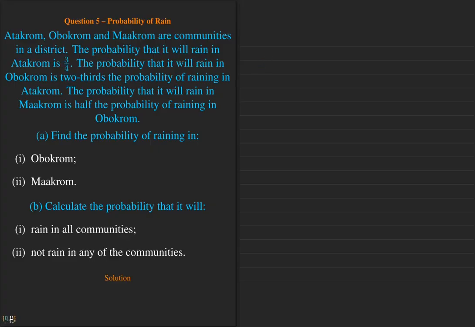For simplicity's sake, I'm not going to write Atakrom, Obokrom, and Maakrom in full. I'm going to use letters to represent them. So we let P of A be the probability that it will rain in Atakrom.